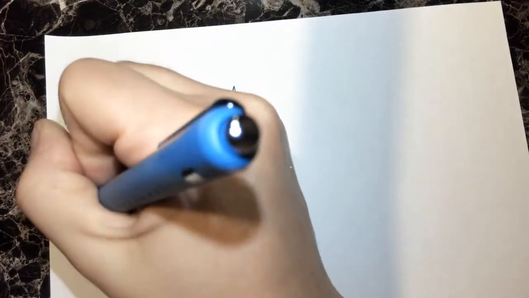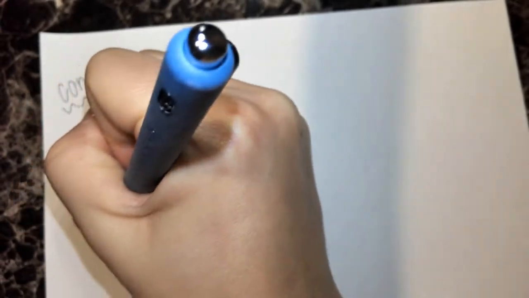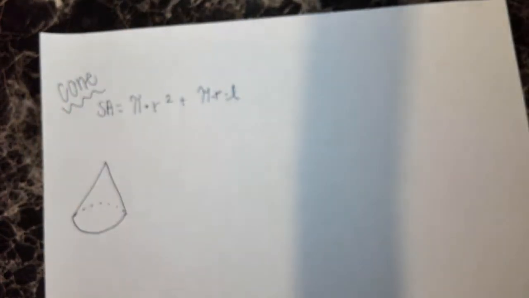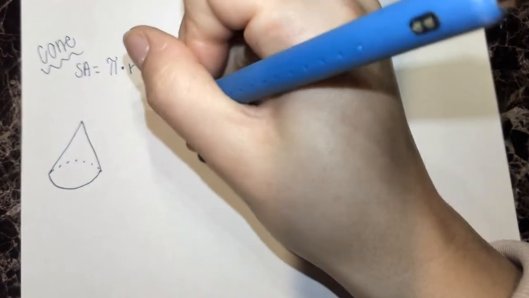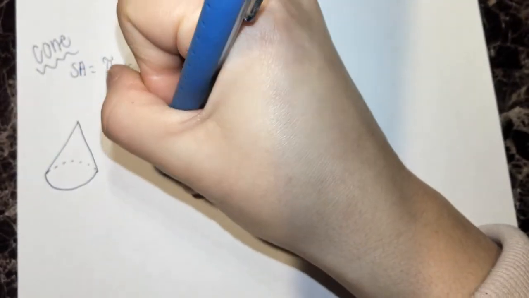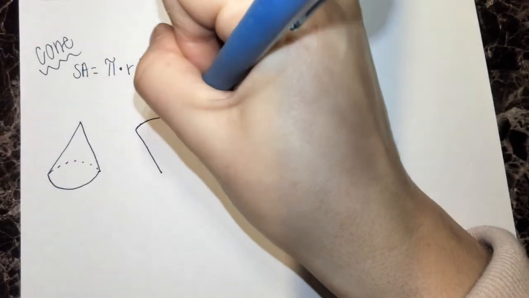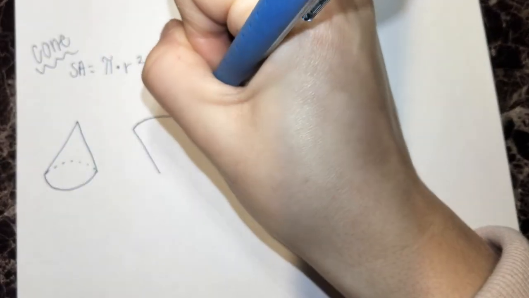If I have a cone, there is only one circular base. The other piece is going to open up into a different object. So when we open it up, if you think about ice cream cones, usually they have this wrapping that goes around, and then you're going to have a circle.